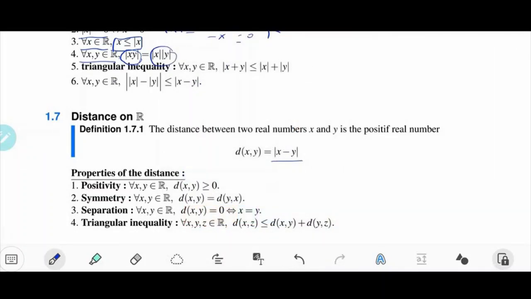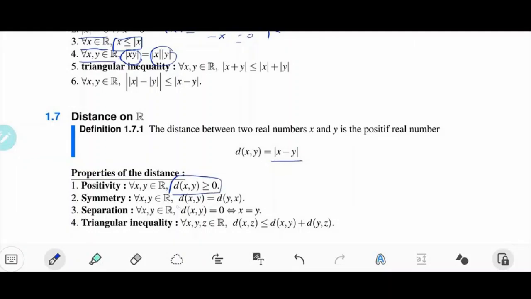Why is it an absolute value? Because what I need is the amplitude of the distance between x and y, or the length of this segment, without looking if x is greater than y or y is greater than x. Okay, what interests me is the length of this segment. That's why, first, the distance that I defined is positive, because it's an absolute value.